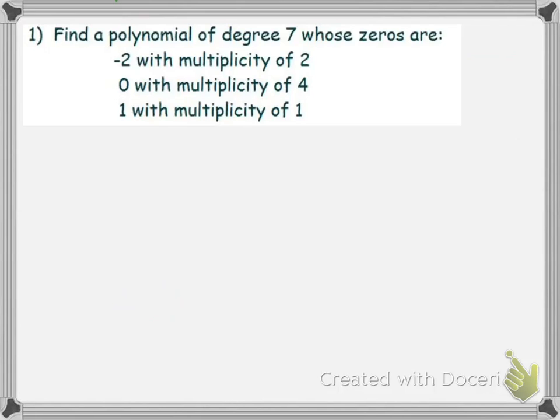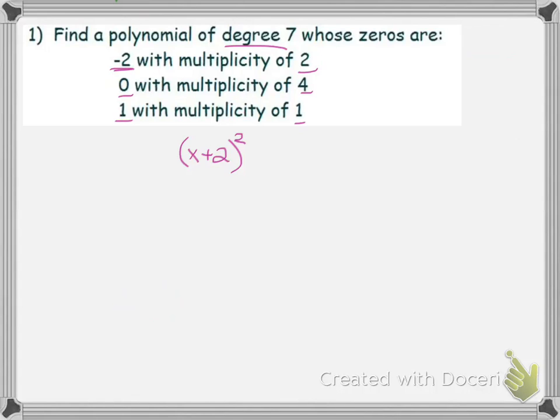Okay, so for this first problem, we're going to find the polynomial of degree 7, whose zeros are negative 2 with the multiplicity of 2, 0 with the multiplicity of 4, and 1 with the multiplicity of 1. Well, remember, I'm given this as a 0, which means I can write it in the factored form x minus the 0, so that's going to become x plus 2.